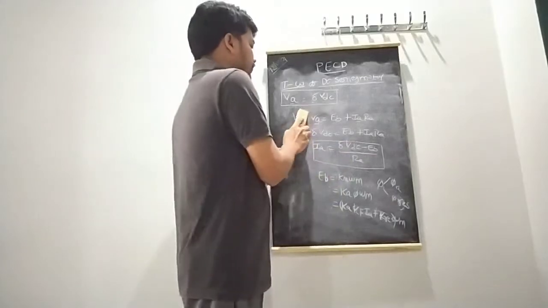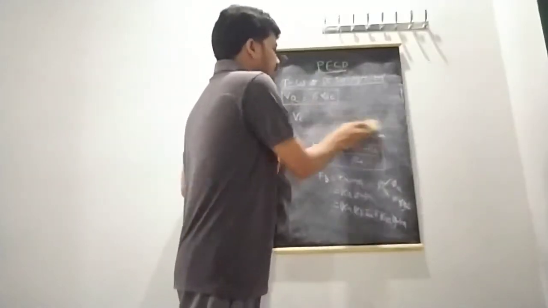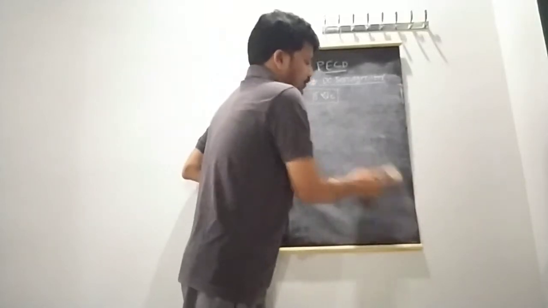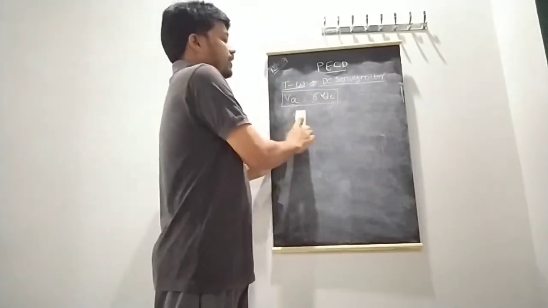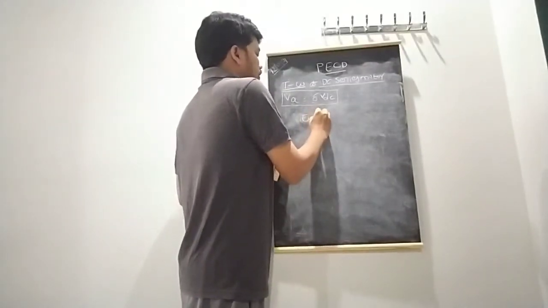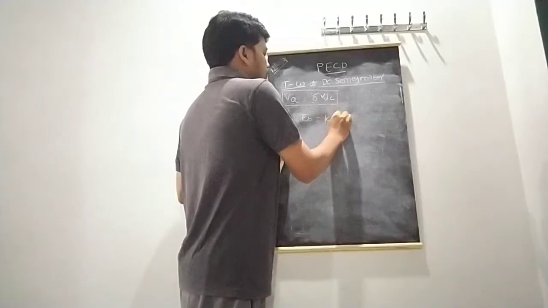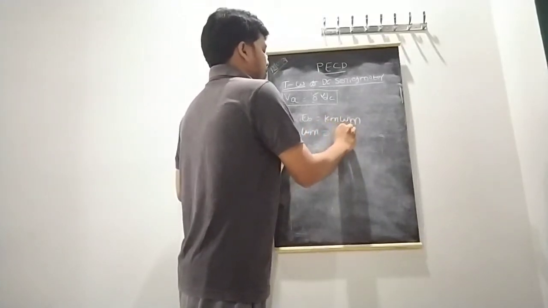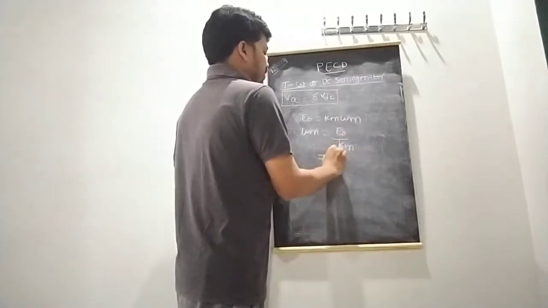From this we can get the relation between the speed and delta. After that, what is EB? Km into omega. What is omega? EB by Km. What is EB?